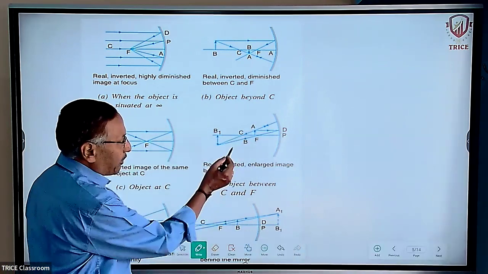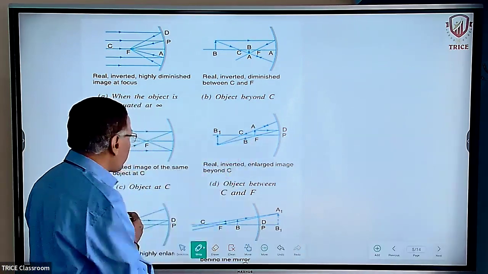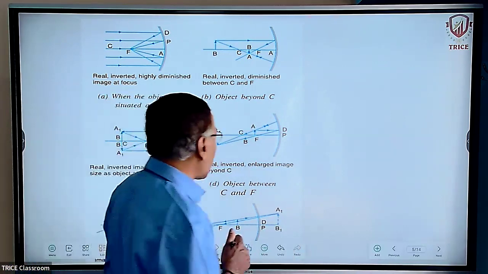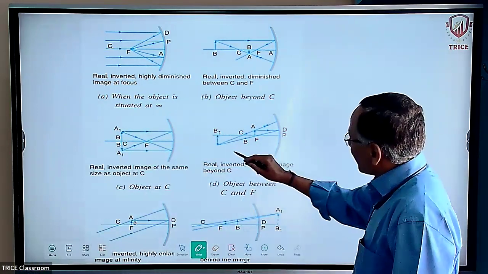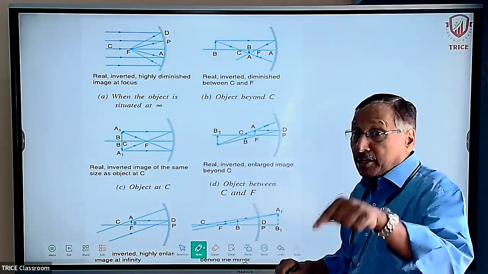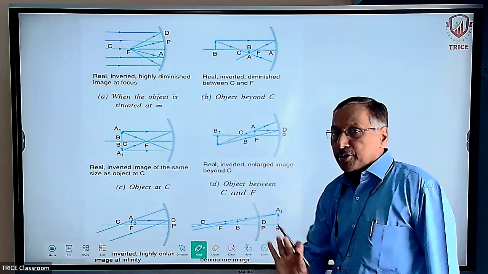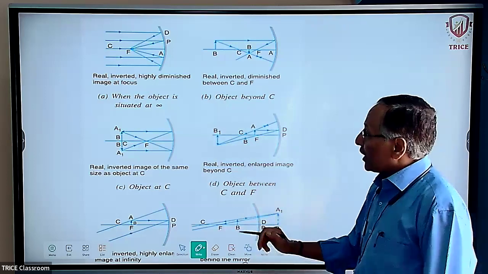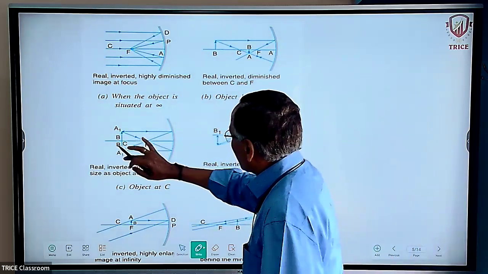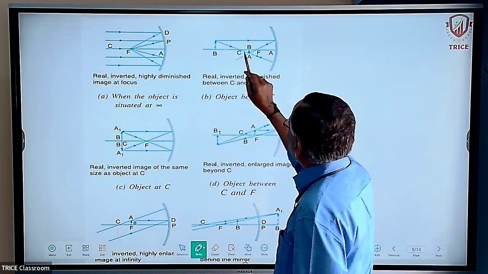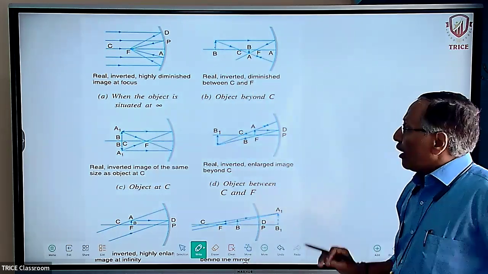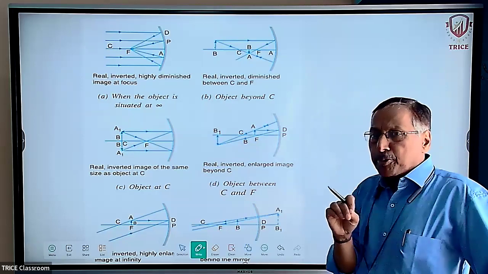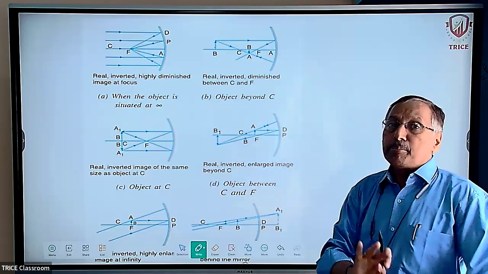You have placed the object between center of curvature and principal focus. You get an enlarged real inverted image beyond the center of curvature. The object is small, image is large. Here, object and image both are the same. Here, object is large, image is small. So, formation of images in a concave mirror depends upon the position of the object from the mirror.